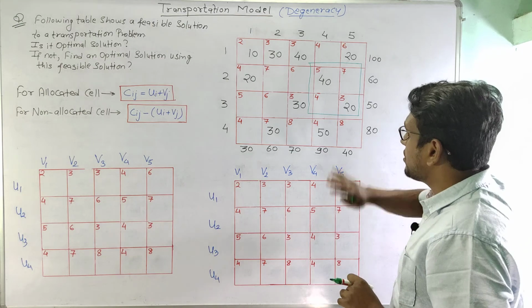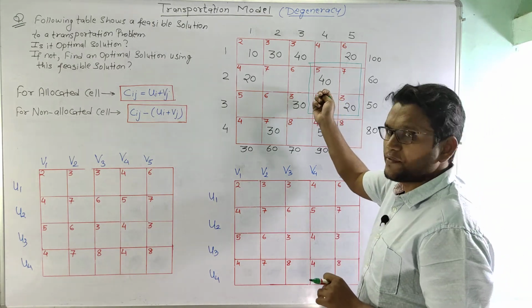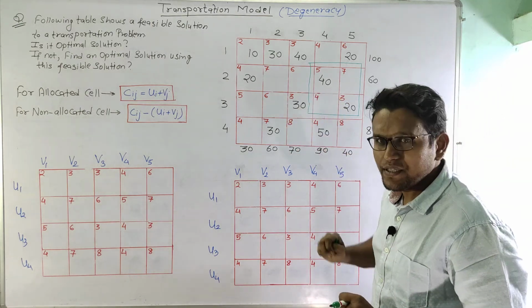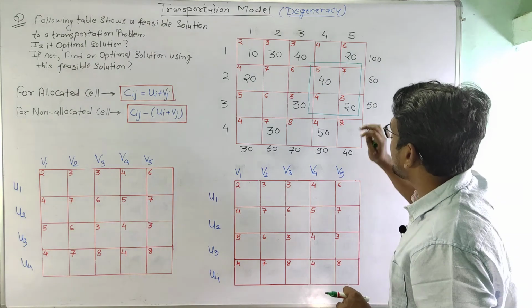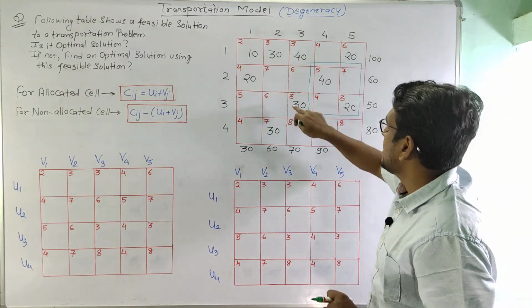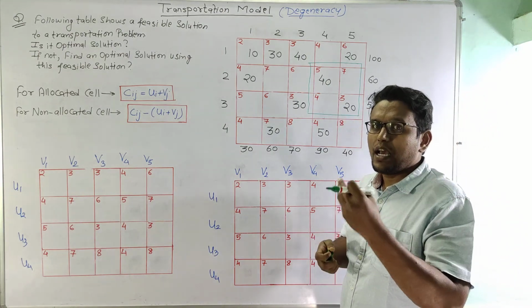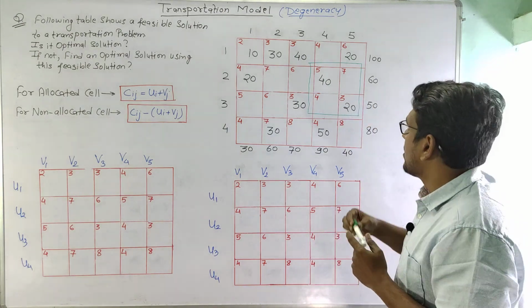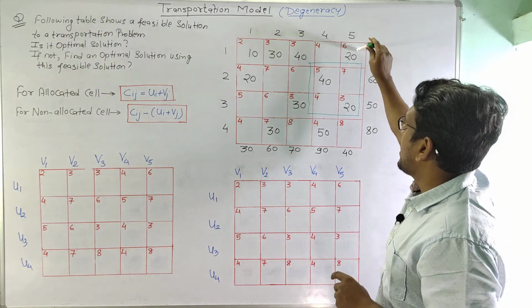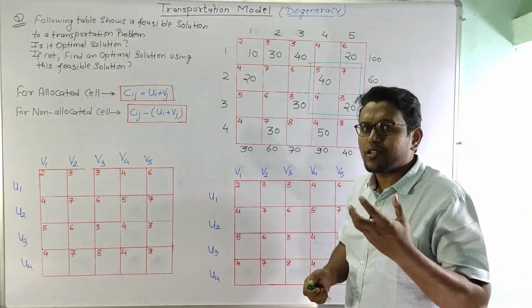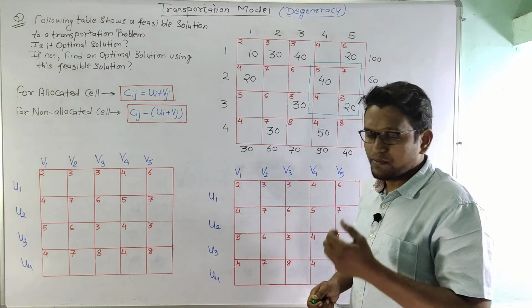So what we will do to improve this feasible solution into a basic feasible solution is that I am going to select any one of these 4 cells and allot one unit at that particular cell and see what is the effect on the overall transportation cost.